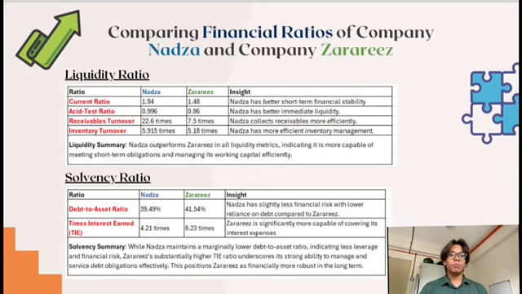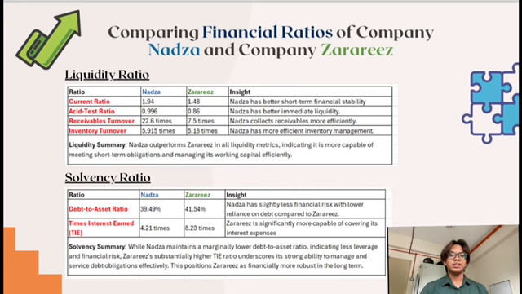Moving on, we will compare the financial ratios of company Naza and company Zararis. There are 3 important ratios that we will be comparing: liquidity ratio, solvency ratio, and profitability ratio. Let's start with the liquidity ratio first. From the slide, we can determine the current ratio for Naza and Zararis.